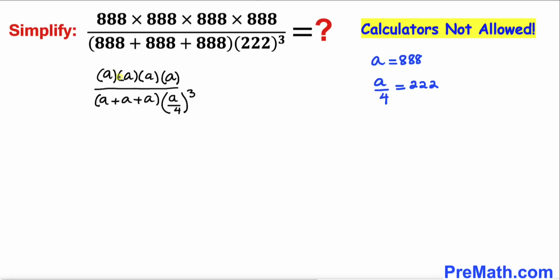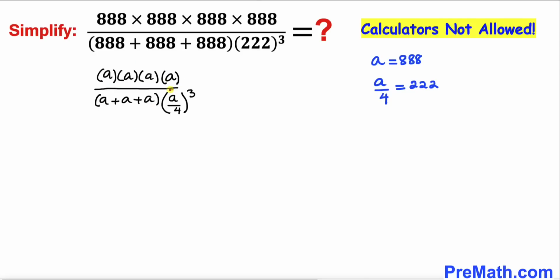Now at the numerator, A times A times A times A gives us A power 4, and at the denominator, A plus A plus A is 3 times A.